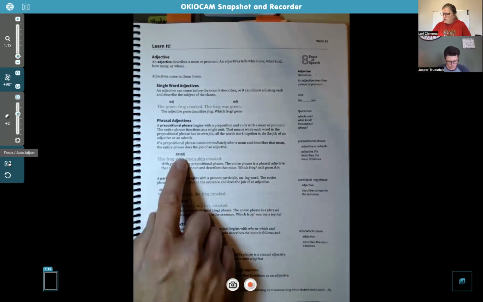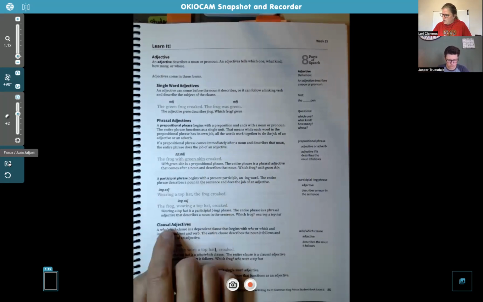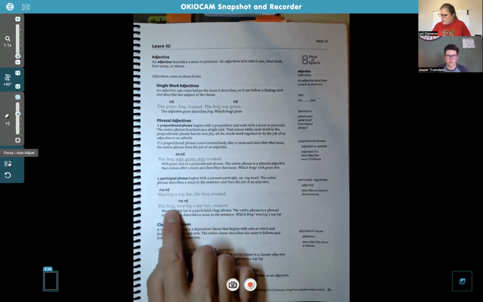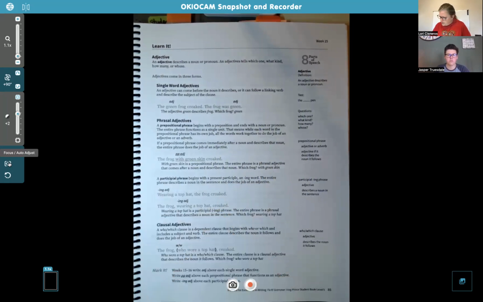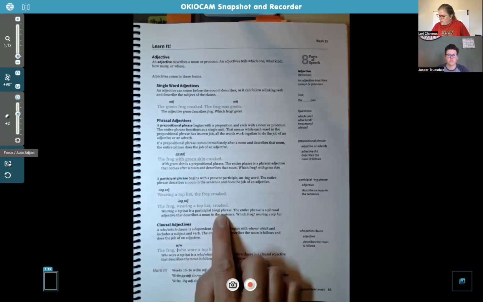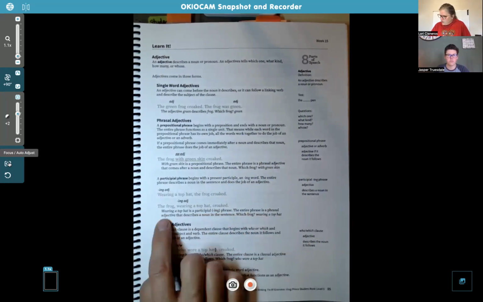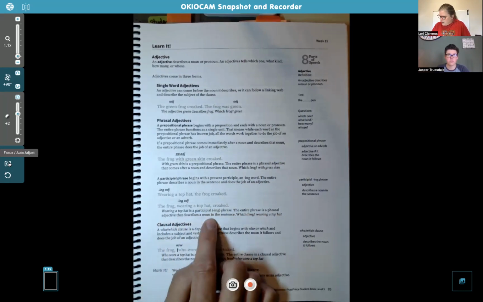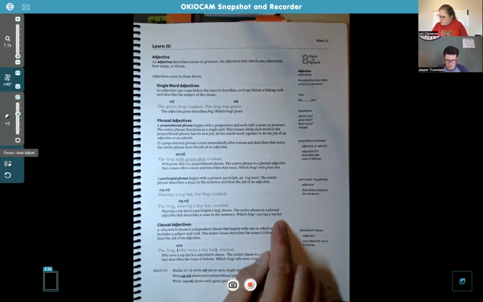Prepositional phrase adjective, ing adjective. That's how you'll label it this week. The frog wearing a top hat croaked. It's another way to arrange the words. So wearing a top hat is a participle phrase, ing phrase. The entire phrase is a phrasal adjective that describes a noun in the sentence. Which frog? Wearing a top hat.